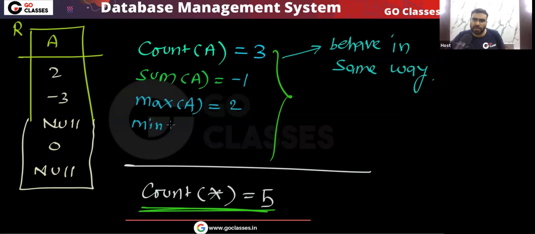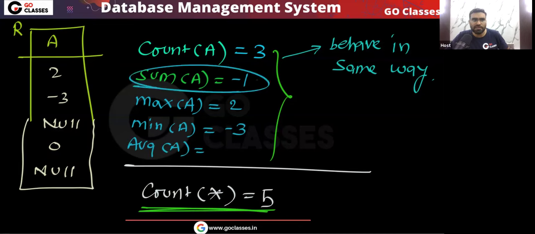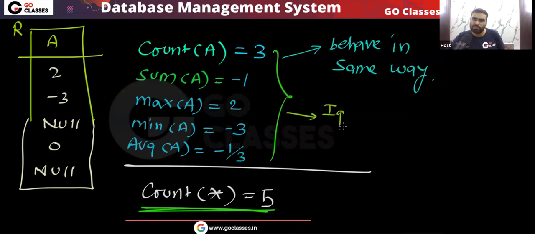What is min of A? That will be -3. What is average of A? That will be summation divided by count, so -1 divided by 3. Is this clear to everyone? So remember, they will ignore null values.